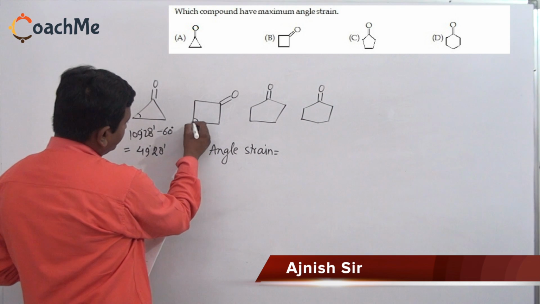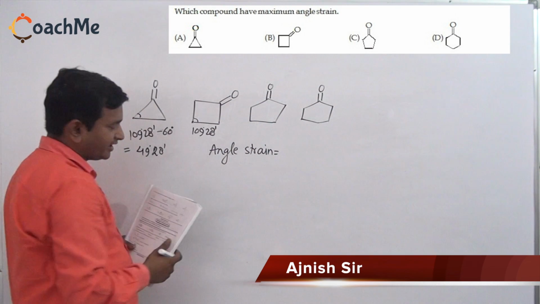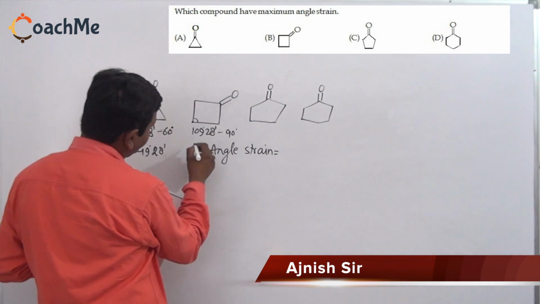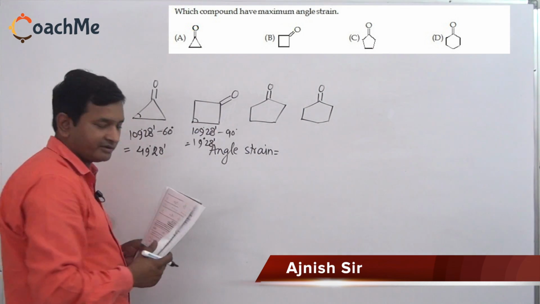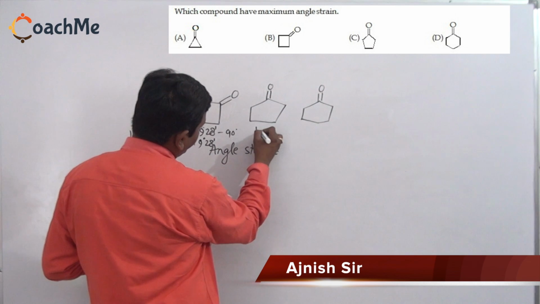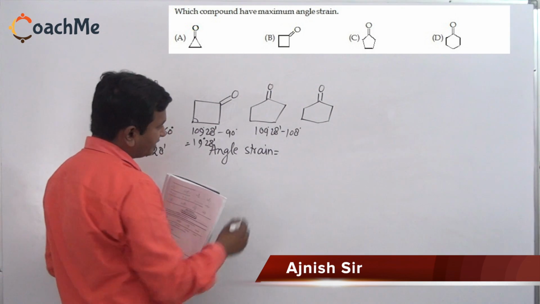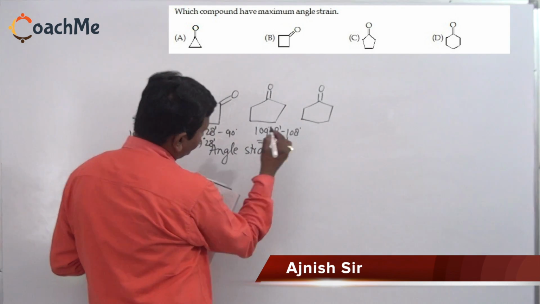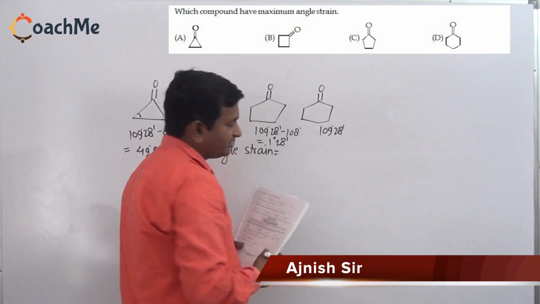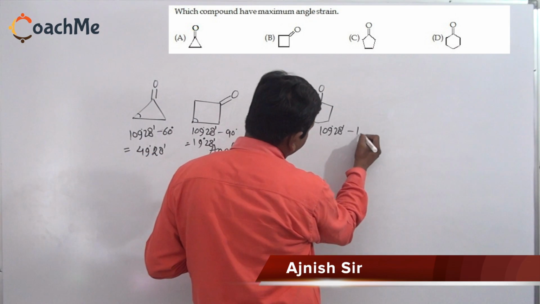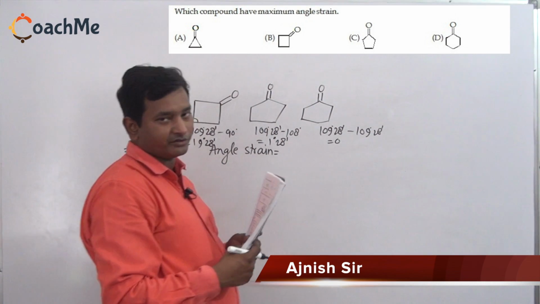In this molecule, at this particular carbon, the desired angle is 109 degree 28 minute and the real is 90 degree. So here the angle strain is nearly 19 degree 28 minute. In this case, the desired angle is 109.28 degree and the real is 108 degree. So the strain will be 1 degree 28 minute. In this case, the desired angle is 109 degree 28 minute and the real angle is also 109 degree 28 minute. So the angle difference is 0.